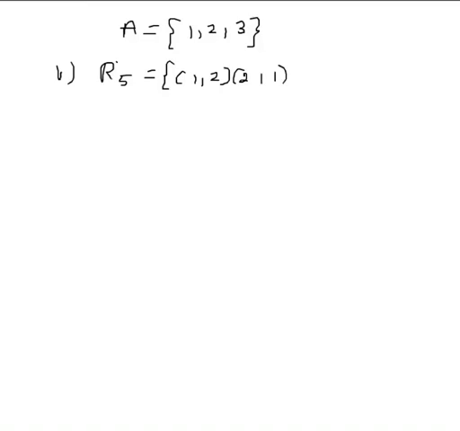Now fifth example: symmetric and transitive but not reflexive. Let me name it as R5. It should be symmetric: (1, 2), (2, 1). Let me take (1, 1) and (2, 2). Four elements I have taken. It is symmetric.